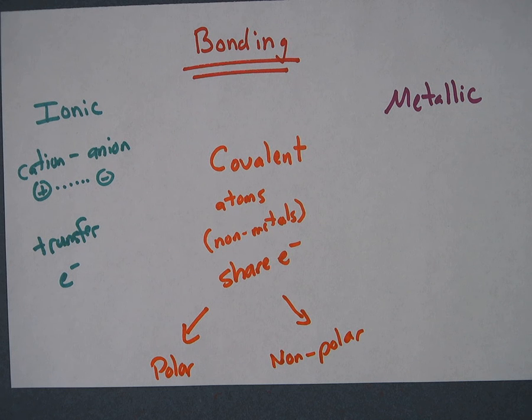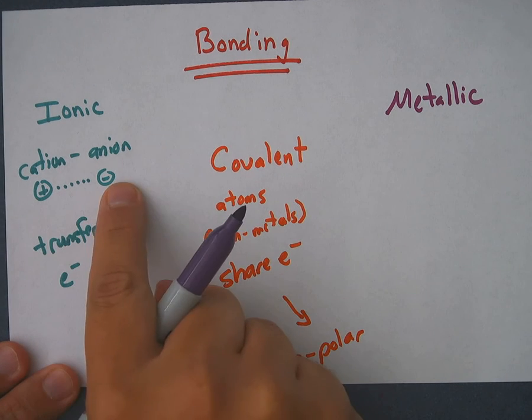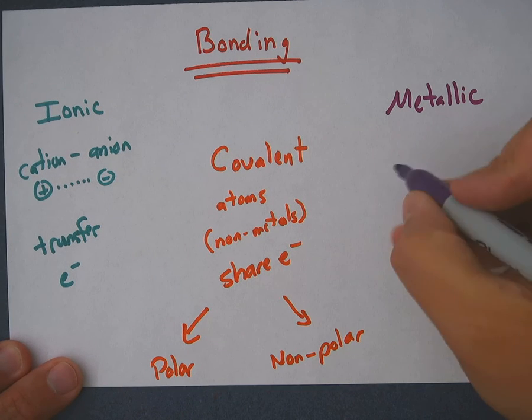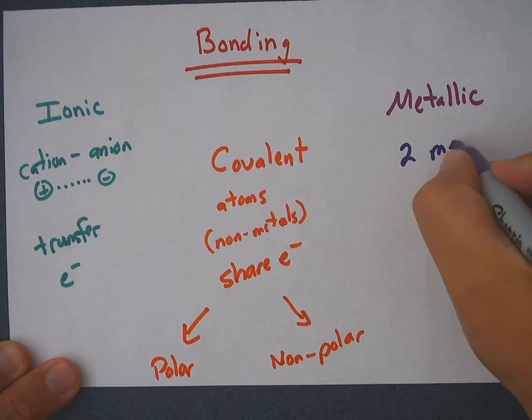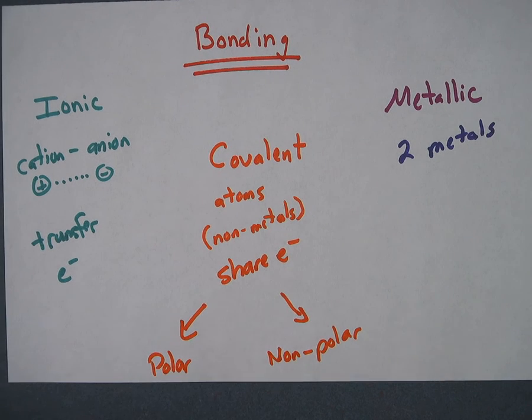And then the other type of bond that's out there is metallic bonds. Metallic bonds are when we have a bunch of metals. Here is a metal and a non-metal, and here are non-metals together. This is when we have two metals, right? Two metal elements that are kind of bonded. And these are very different.